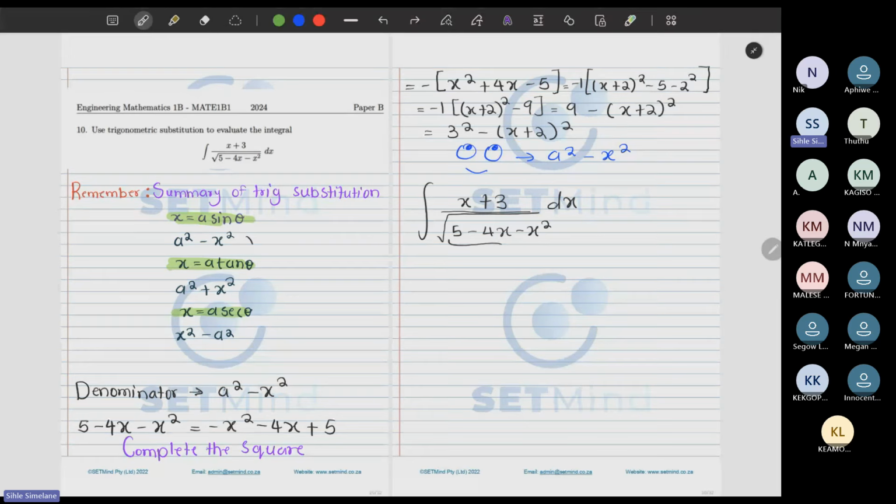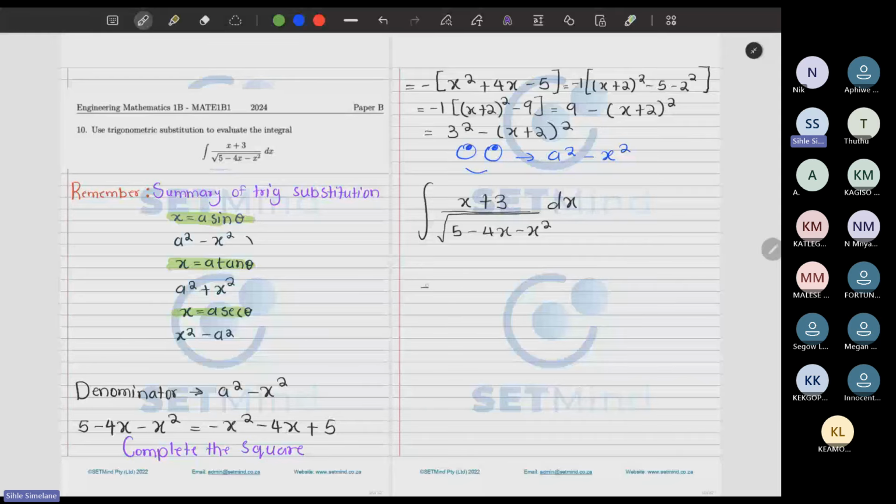If I differentiate what is down here, if you think about it carefully, I'll end up getting negative 2x minus 4. So on the numerator, I need to try and get 2x plus 4 for me to remove that x there.